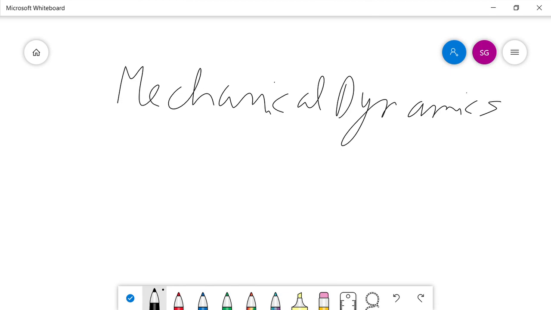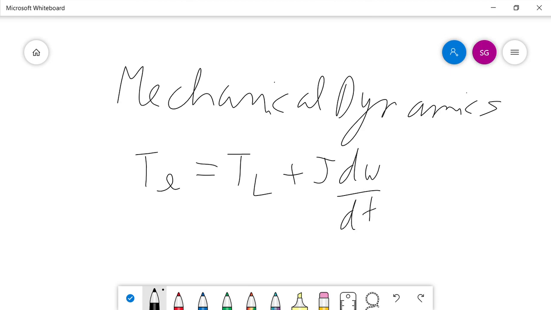So here, whatever torque is generated by the motor is equal to the load torque plus J d omega by dt, the rate of change of the DC motor speed, plus B into omega, and plus there is also a variable called C, which does not depend upon omega.